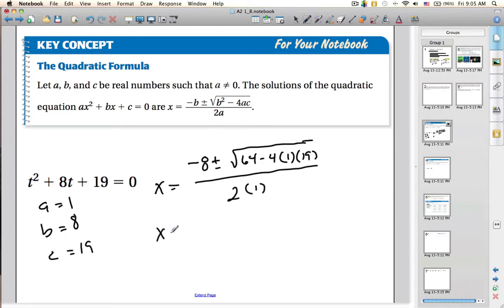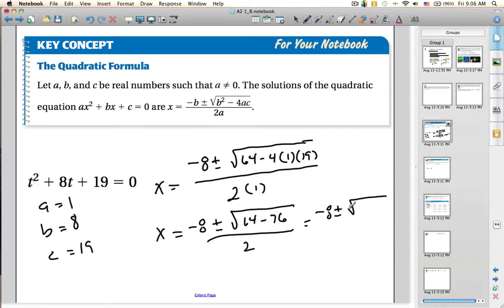When I simplify this, I'll have the opposite of 8 plus and minus the square root of 64 minus, well, 4 times 1 is 4, 4 times 19 is 76, all over 2. Simplifying, minus 8 plus or minus the square root of 64 minus 76, which is negative 12, all over 2.